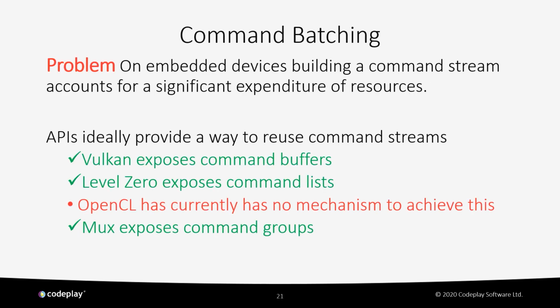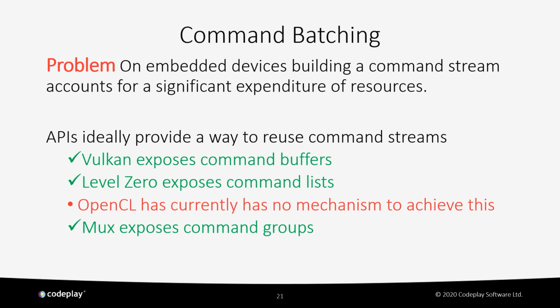One of the challenges we've encountered when trying to get performance on some of our customer targets is how to effectively dispatch work to them. On low power targets, building up a command stream can be quite a big expenditure of resources, and it's something you don't want to do repeatedly. If you have repeated commands, you just want to define them once and then redispatch them. Many APIs provide a way of doing this.